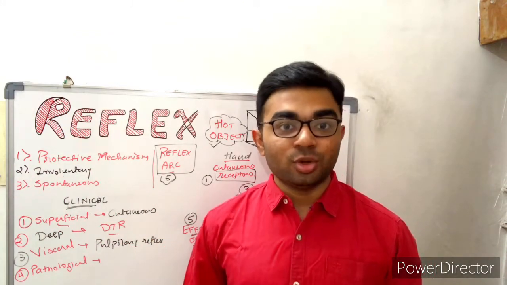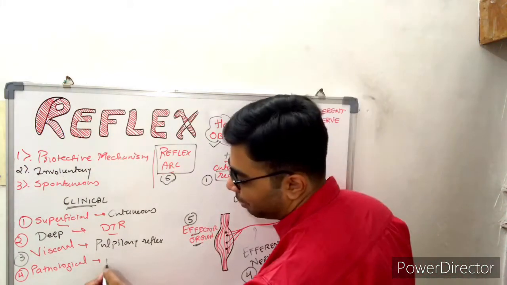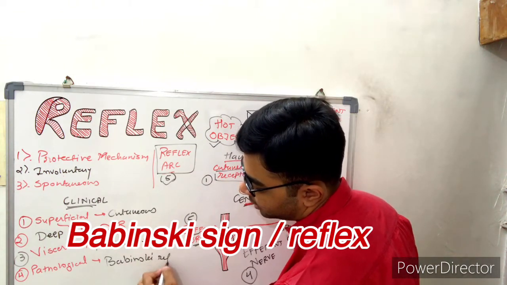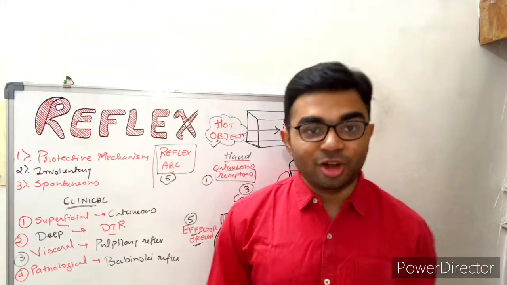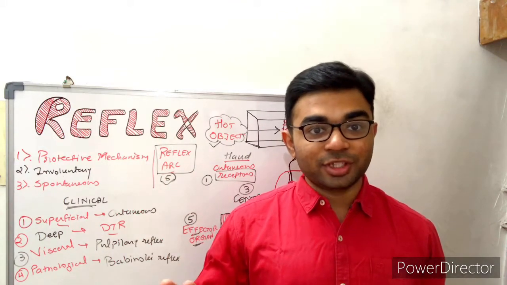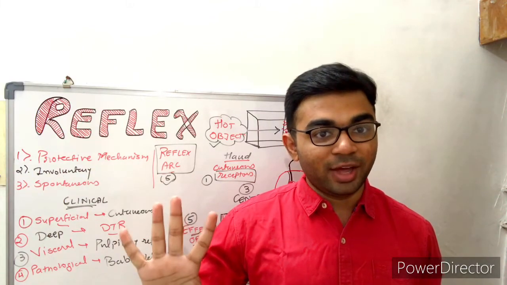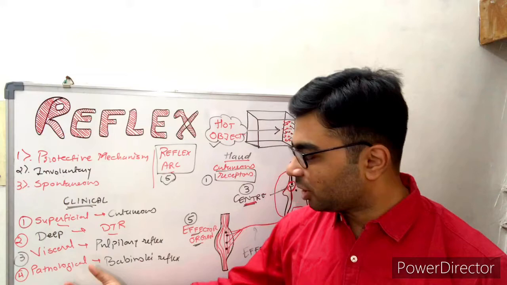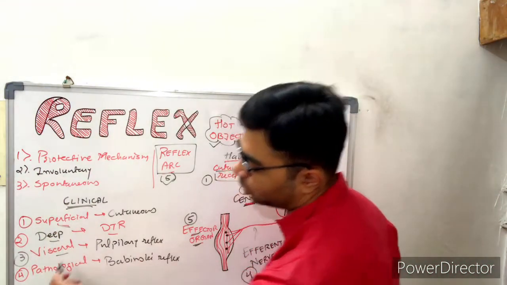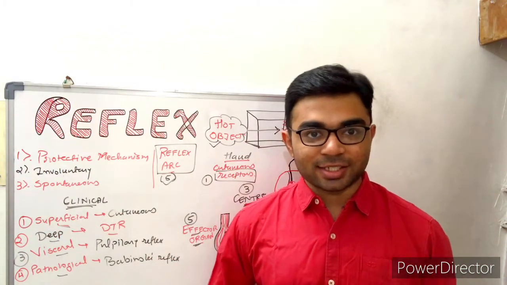I will explain in further videos, but for now keep in mind that the Babinski reflex is an example of a pathological reflex: when you stimulate the sole of the foot, the ankle goes into dorsiflexion with the toes in a fanning position. So these 4 things, superficial, deep, visceral and pathological, are the clinical portion of the reflexes.